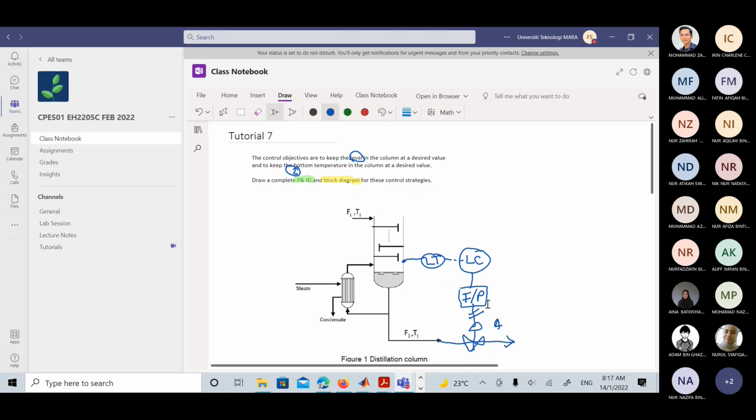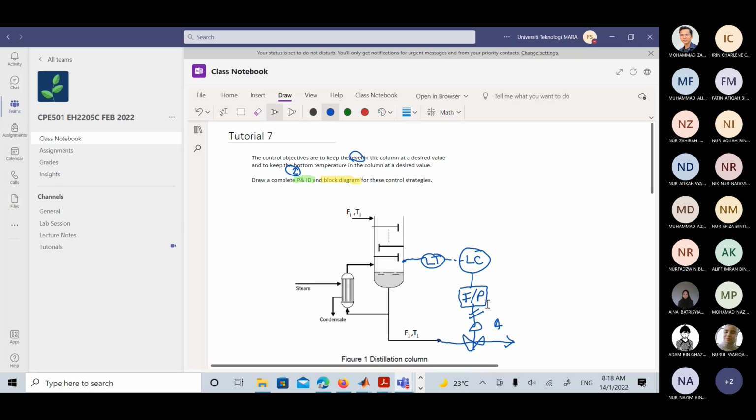So same goes to the level controller. We need to measure the signal. So in order to measure the signal, we need the transmitter. So where do we place the transmitter for the temperature controller?